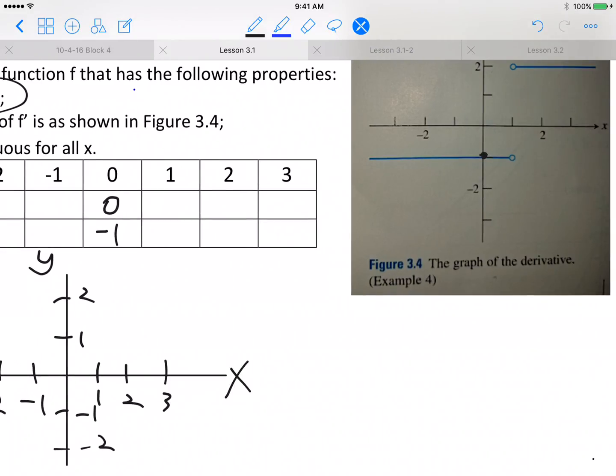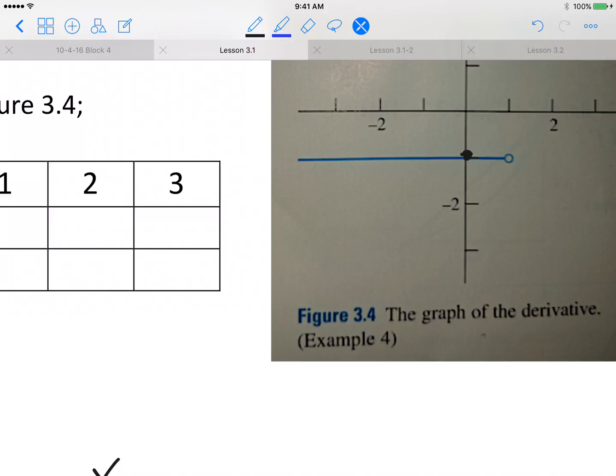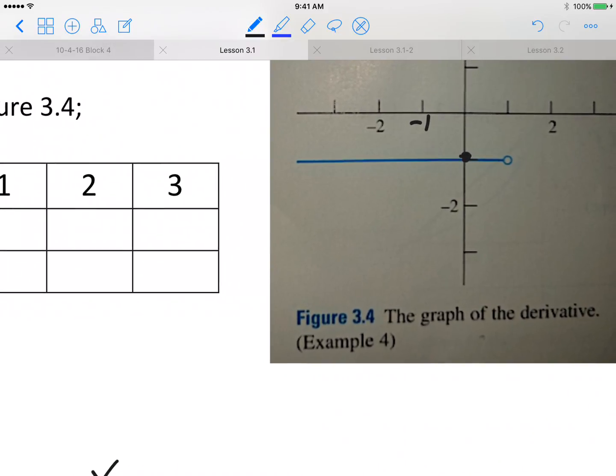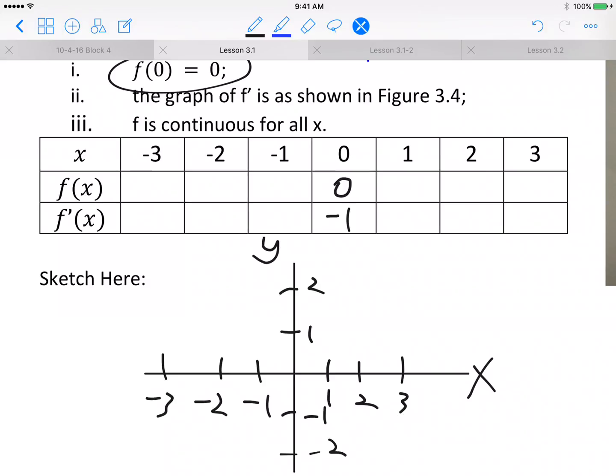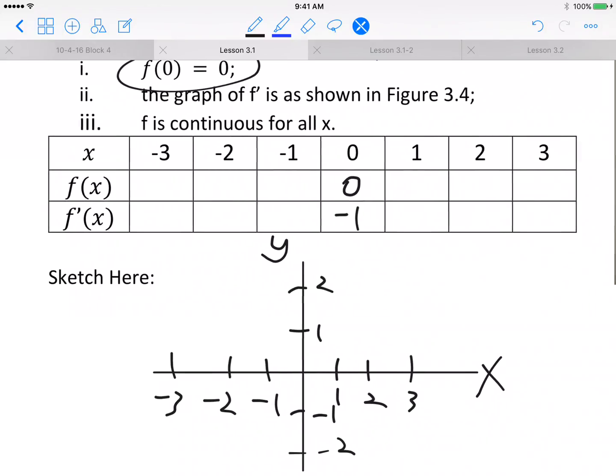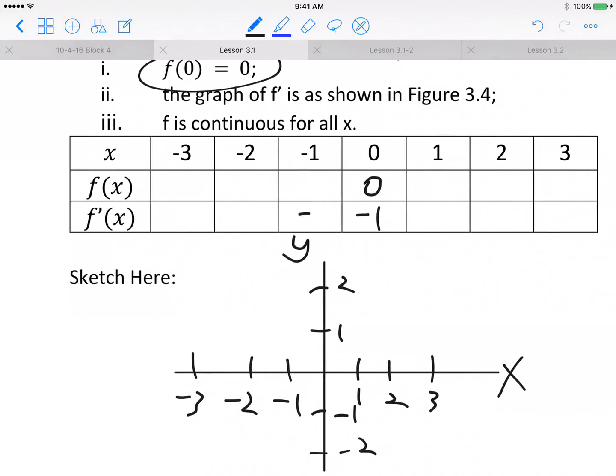When x is negative 1, your y value is still negative 1, and the same applies for negative 2 and negative 3 and so on.